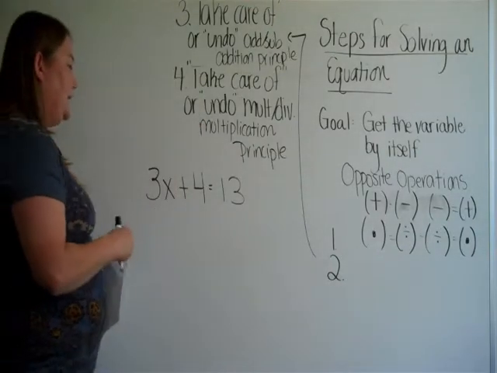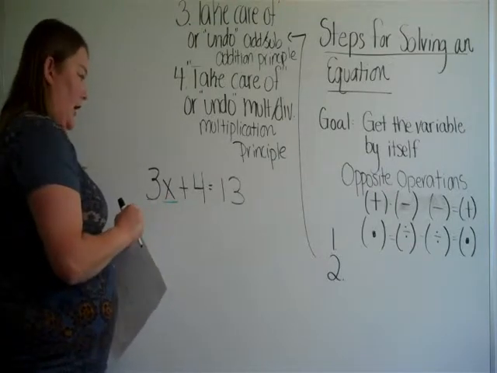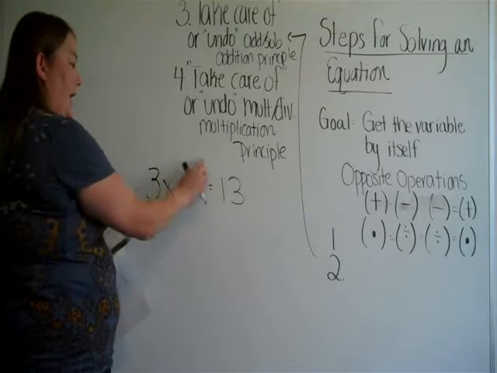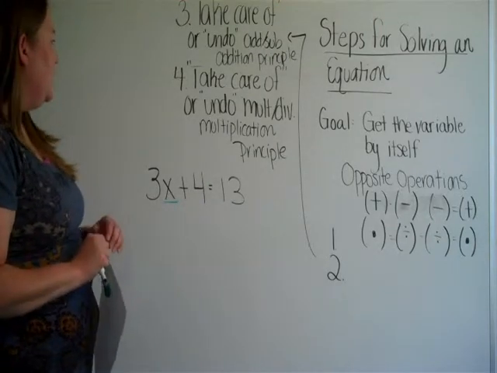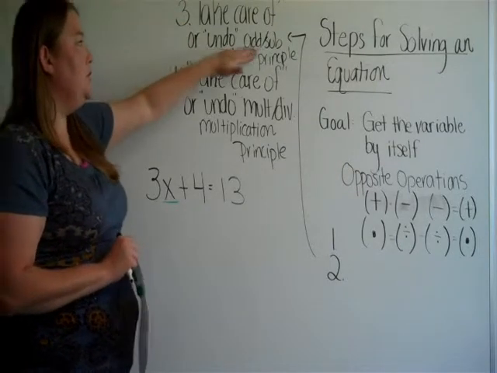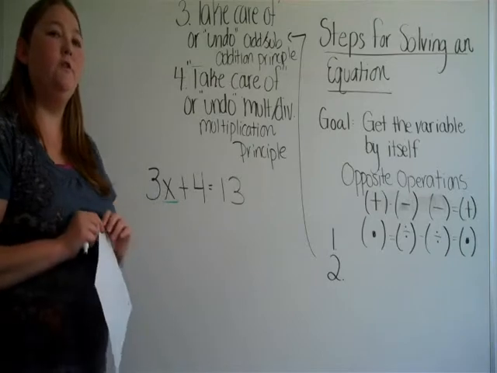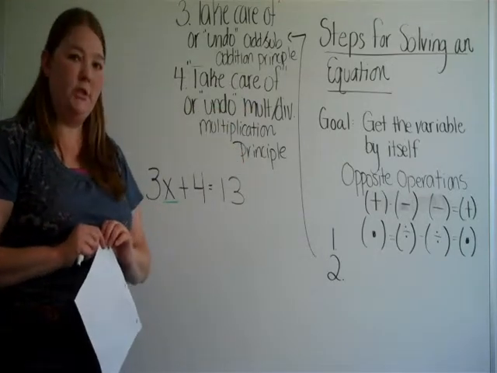In this example, I see that this x is my variable. I can also see that it's being added by 4 and multiplied by 3. And so I go to my step 3 and it says I should take care of or undo addition and subtraction first before I undo the multiplication and division.